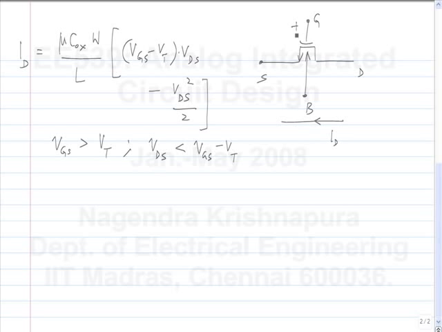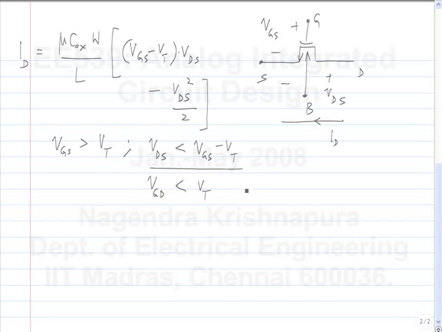So, everything is referred to the source terminal. And sometimes this condition is easier to evaluate if you think of the potential between the gate and drain. Okay. Sometimes it is easier to think of it that way.